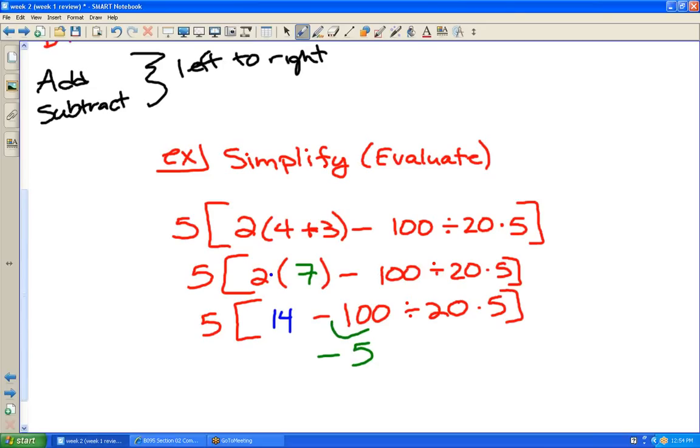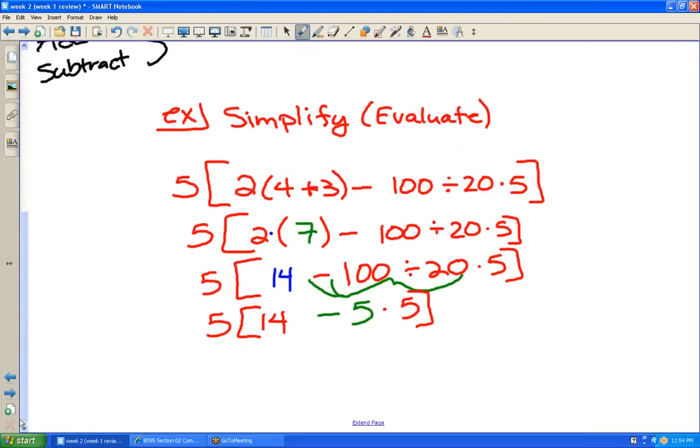Okay, so that did this. Okay, and then I write the rest of the problem because I'm crazy about it. Parentheses, 14. Notice how the old stuff just did the right thing. Exponents, there still aren't any. Multiplication or division. So this time I'm doing a negative 5 times 5, which is negative times positive is negative. 5 times 5 is 25.